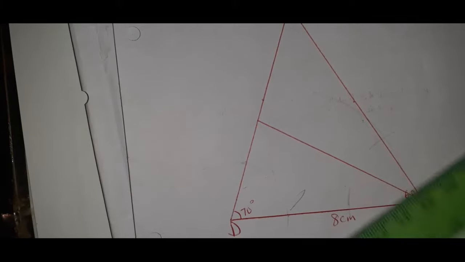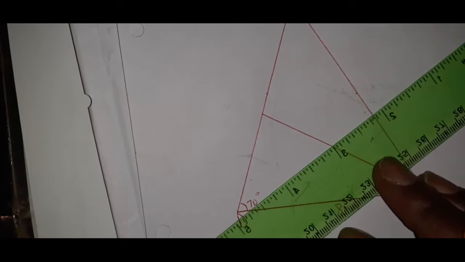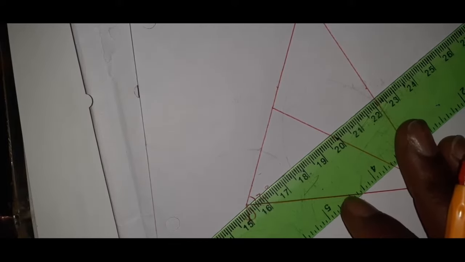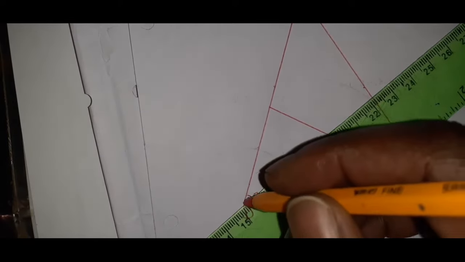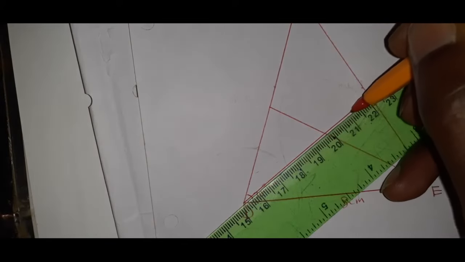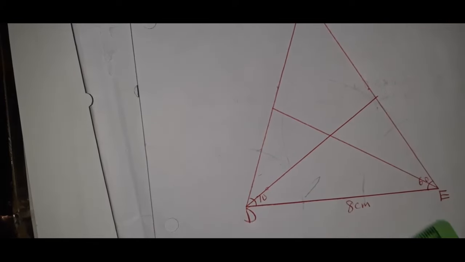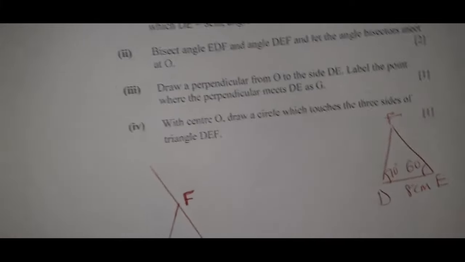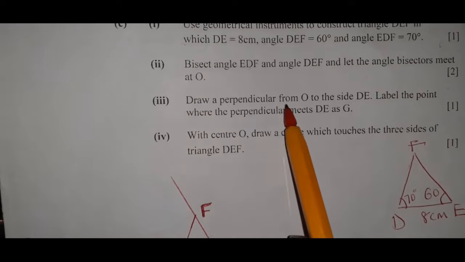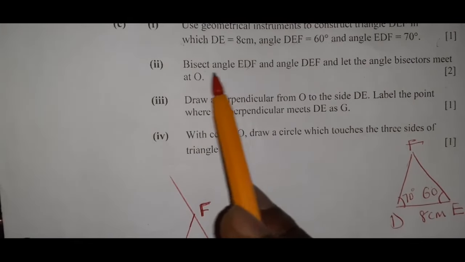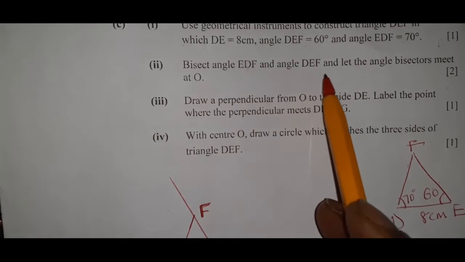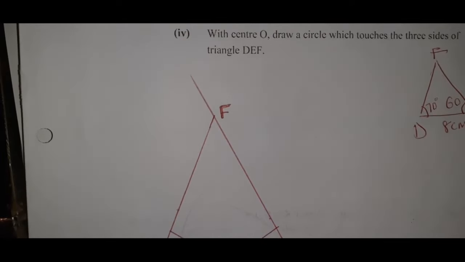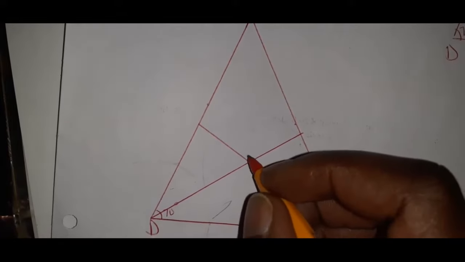So here where it's passing, you also do the same thing. Like that. Okay. Then draw a perpendicular. I mean at the point where they meet, at these bisectors, this point where they are meeting here, this point must be O.